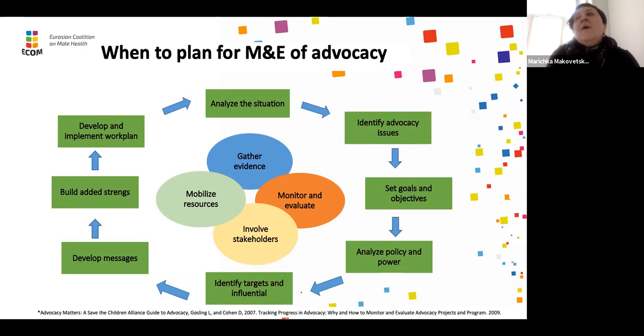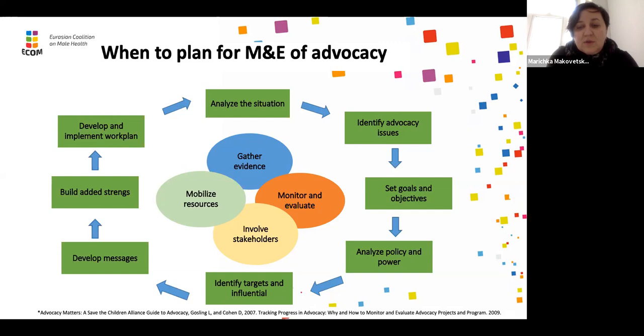For example, if in Ukraine we did not have ARV treatment, but we had a number of people suffering and dying without drug supplies, that means that our advocacy issue is to have drugs in place and facilities available for the people.